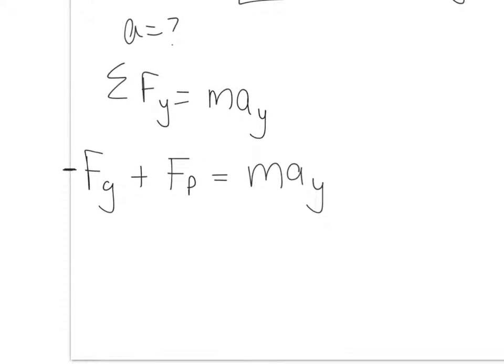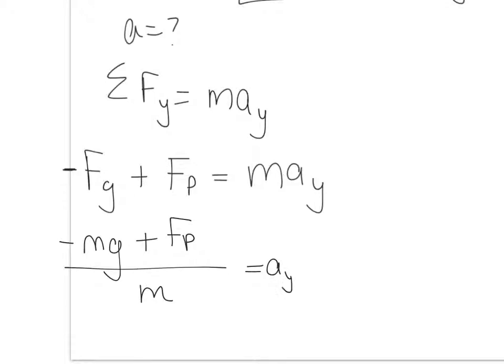Our goal is to find AY. I could easily solve algebraically. I'll plug in mg for FG. That's the formula for FG. Remember, FG equals mg. Always, always, always. FP is given, just carry it down. Let's divide by mass to get A by itself. Does everybody see how that gets A by itself? Does that make sense what I just did?